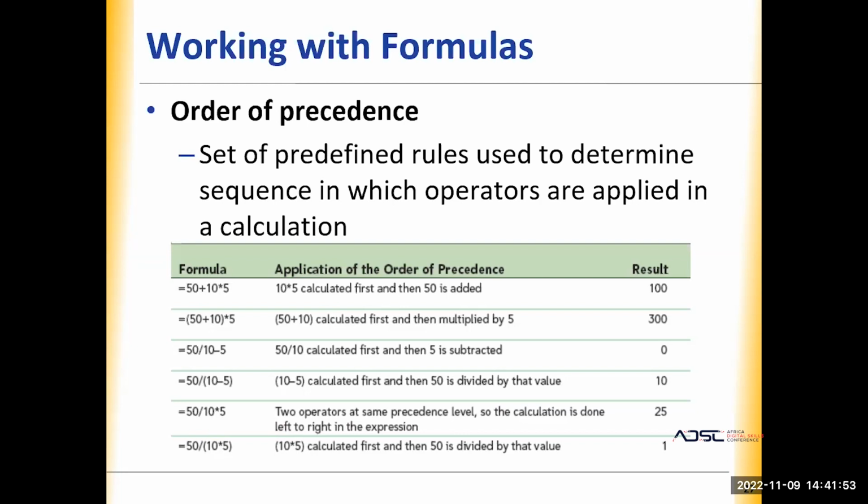So for instance, when we have the formula equal to 50 plus 10 times 5, Excel executes 10 times 5 first, after which 50 is added. And then the next one, we have brackets. So Excel uses the BODMAS principle, which we have in mathematics. That is what Excel basically uses for its calculations.